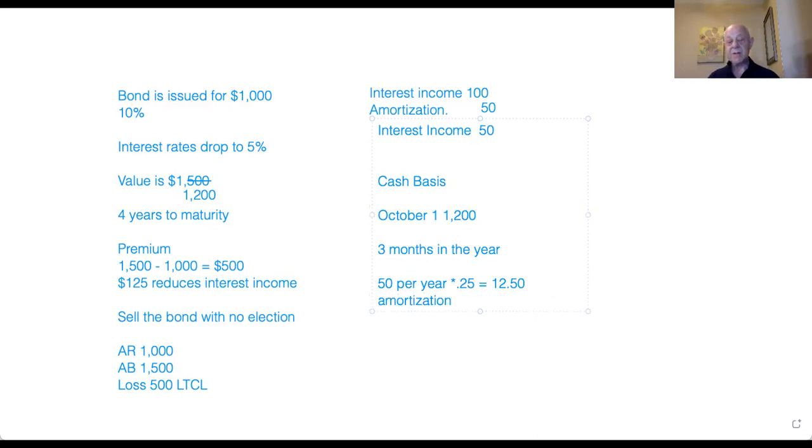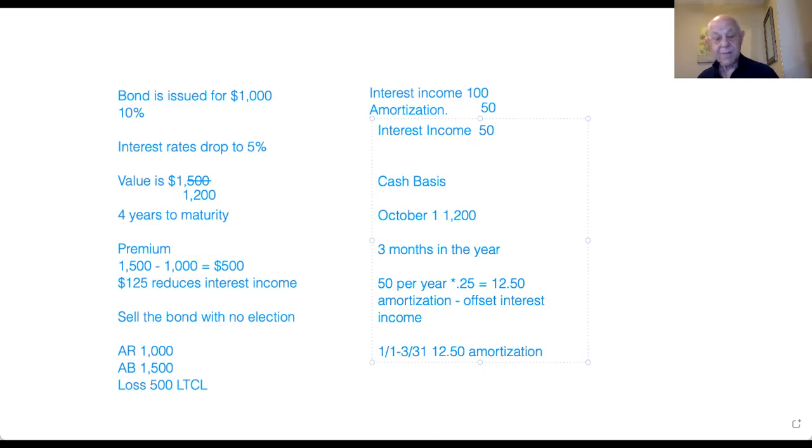But I can only take the $12.50 to offset interest income. If I have no interest income, I carry it forward. And I'll use it when I get my first coupon in the following year. So next year, from January 1st to March 31st, I'm going to have another $12.50 of amortization.